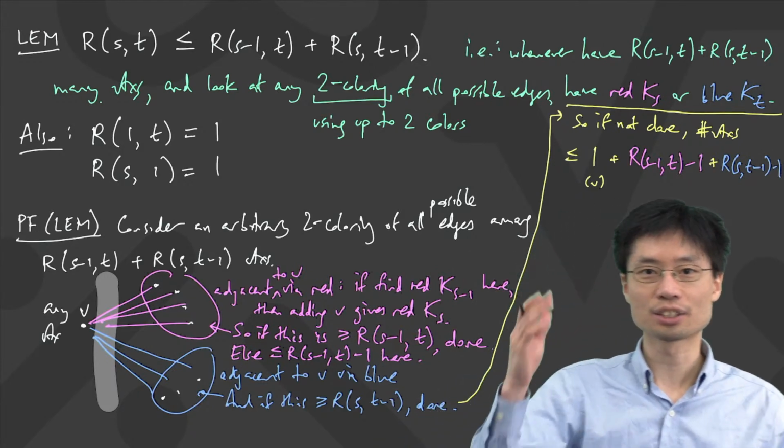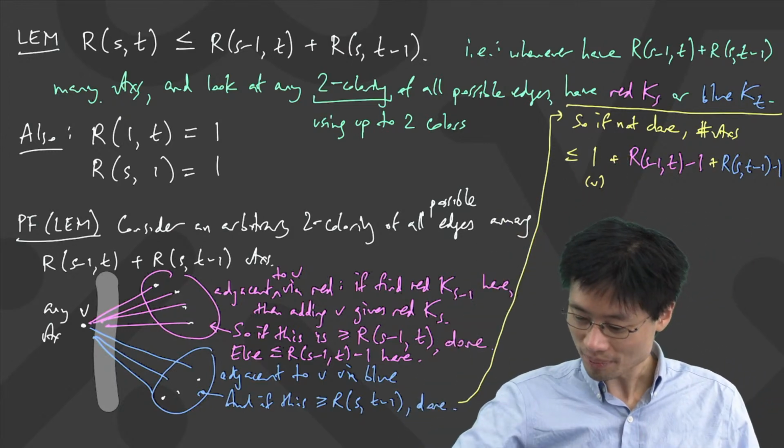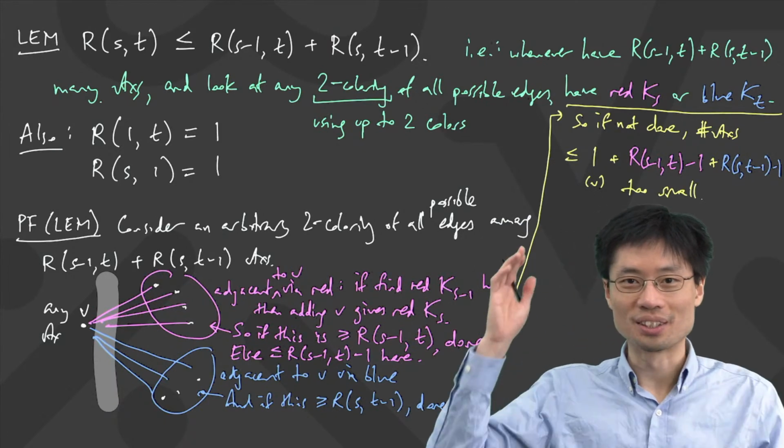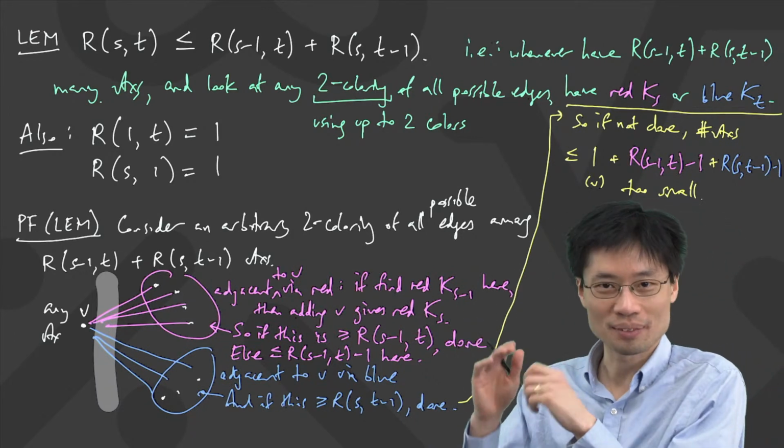Okay? And that's just too little. I'm short by exactly 1, which is too small. We were supposed to start with, without the minus 1. Okay, so we've just proven this. And it's just perfect with the minus 1.